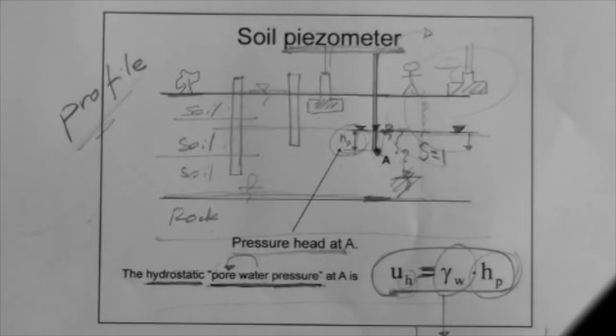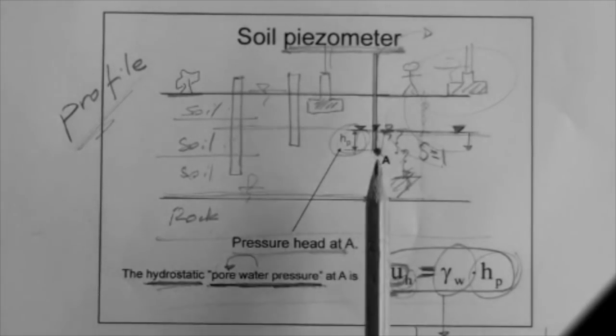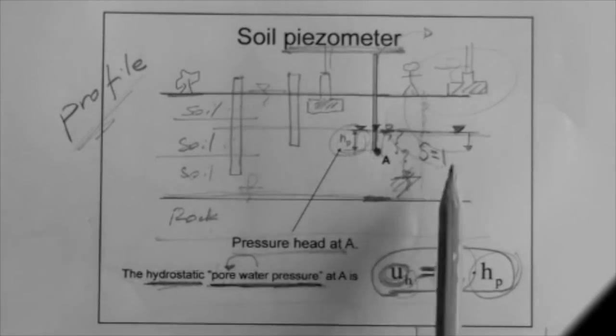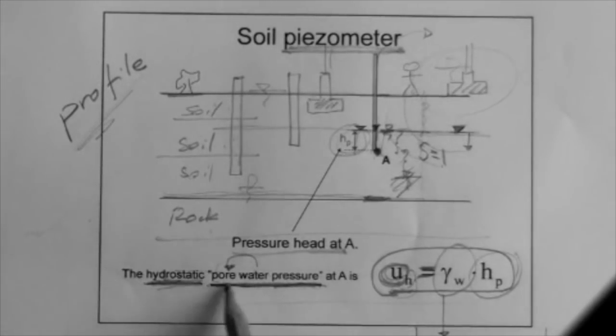We just want to remind ourselves always that the water is in the pores or in the voids. The U, or just the U if you want to say pore water pressure, is the pressure of the water that is present inside the pores. That is what the water in the pores feels. Again, if the water is in the hydrostatic condition, then it's the hydrostatic pore pressure.